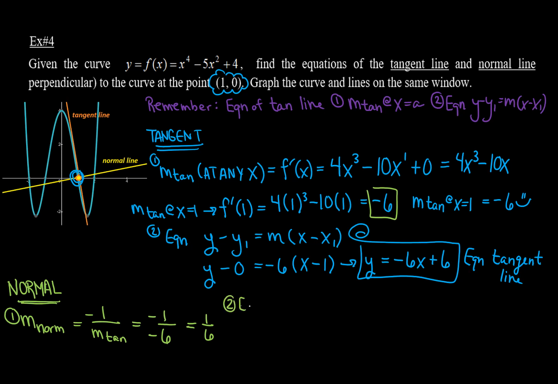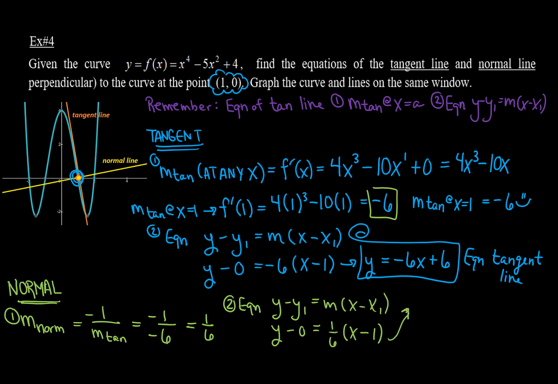Next, I'm going to do that equation. So I'm going to have y minus y1 equals m times x minus x1. And I'm going to plug in my y coordinate and my slope of the normal and my x coordinate.